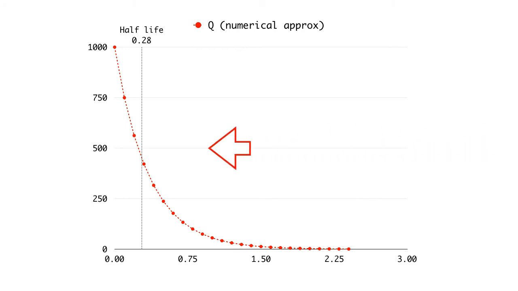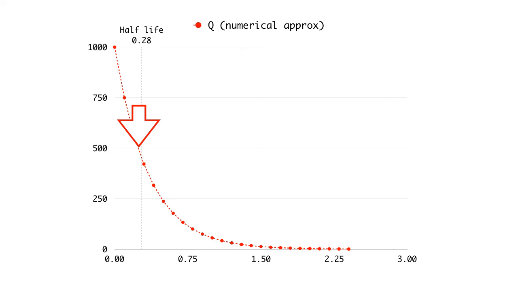Now, if you look at this carefully, you'll see that the numerical approximation, the dashed red line, doesn't cross the 500 level at 0.28 seconds. It crosses a little bit sooner than that, like 0.26 or something.